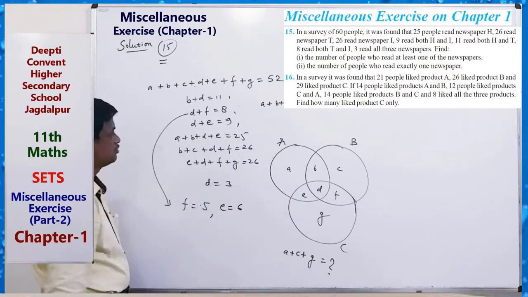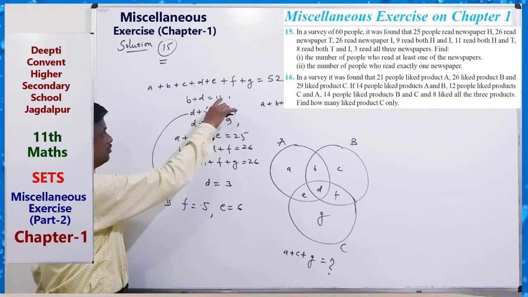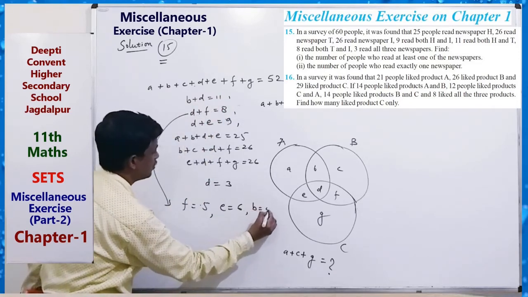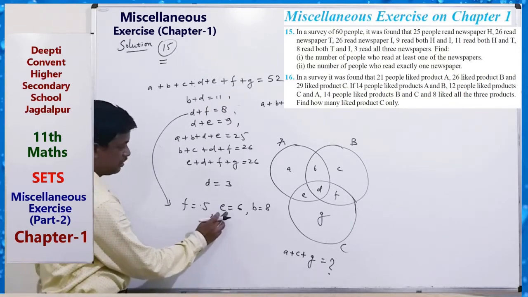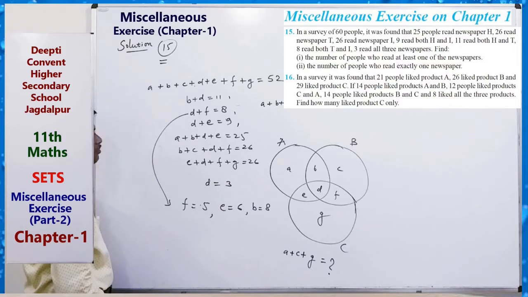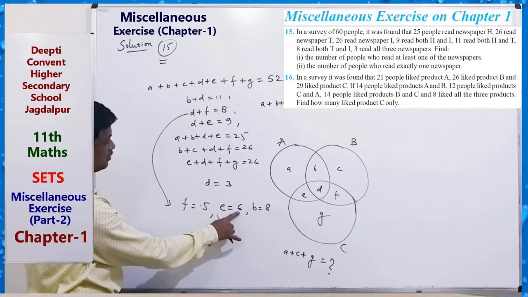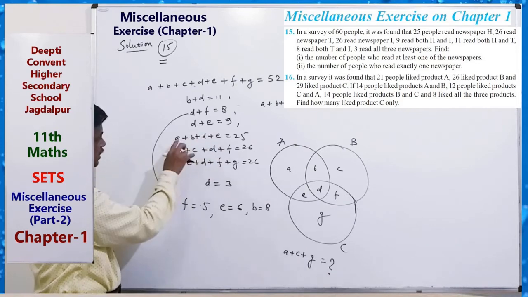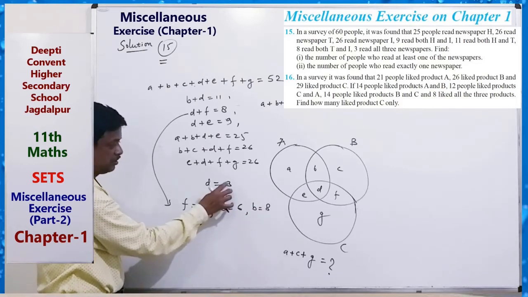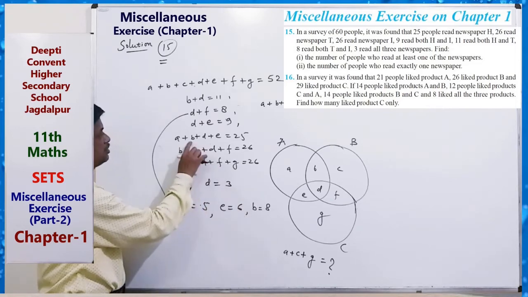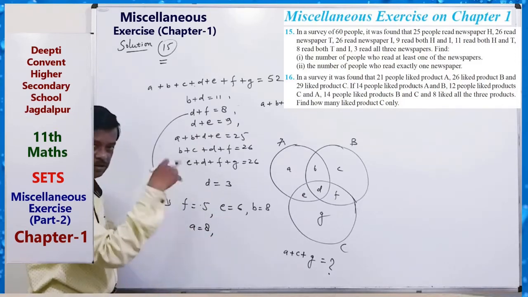If D equals 3, then B equals 11 minus 3, 8. Now B, D, E are 6, 8, 3, which is 17. So A equals 25 minus 17, 8. A equals 8.